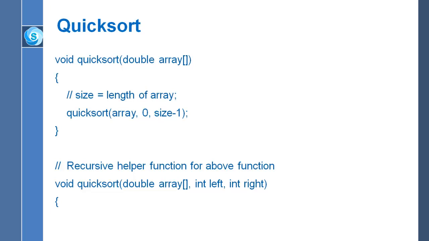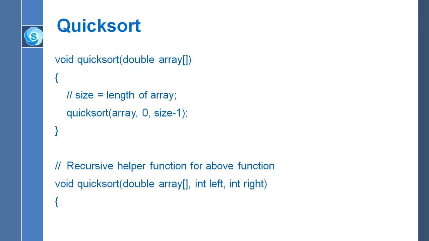This 3-parameter Quicksort is going to be a recursive function, and it's used to sort a portion of the array, namely the subarray that begins at index left and ends at index right. In a little while we'll get into the nitty-gritty of this and see the recursive calls.